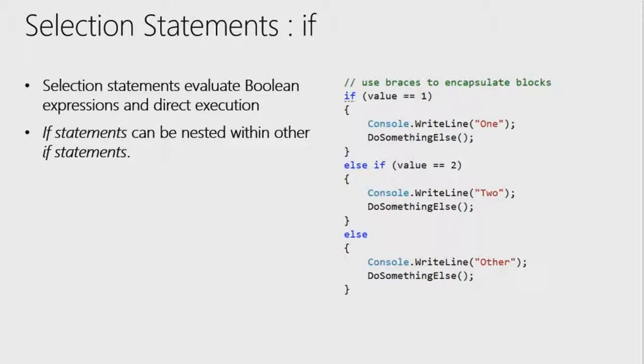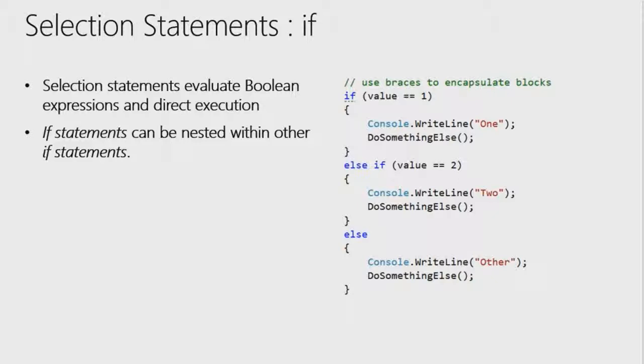Exactly. So if we look at the sample code on the right-hand side here, we can see if value is equal to 1. Now you notice that there are 2 equals there. That indicates that this is a Boolean equality check as opposed to an assignment. If you had a single equal there, we'd actually be trying to put 1 into the value.